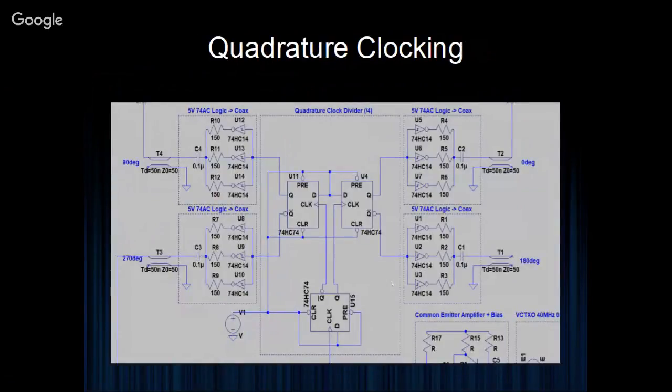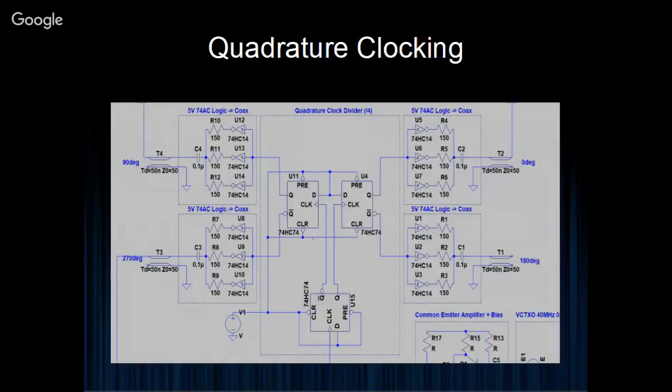So it might be a bit of a stretch. I've done the best that I can to chop these images down to make them manageable. This is a schematic showing a more detailed implementation of what you saw on the previous slide with the D flip-flops. But I've changed something in the core use of the D flip-flops.